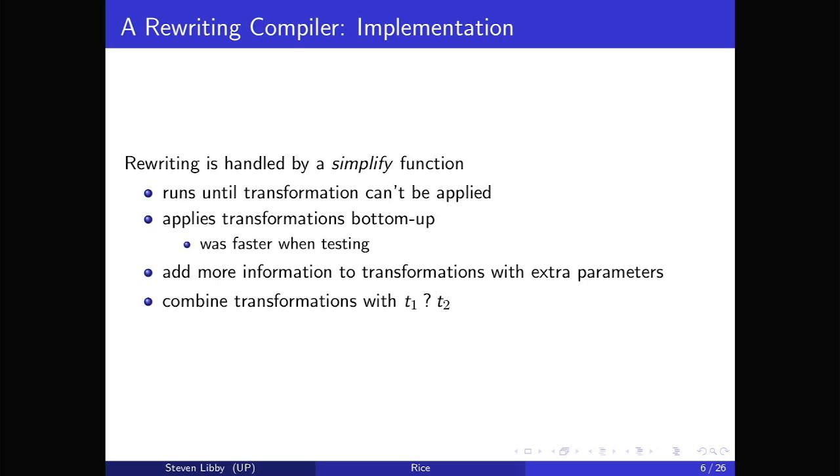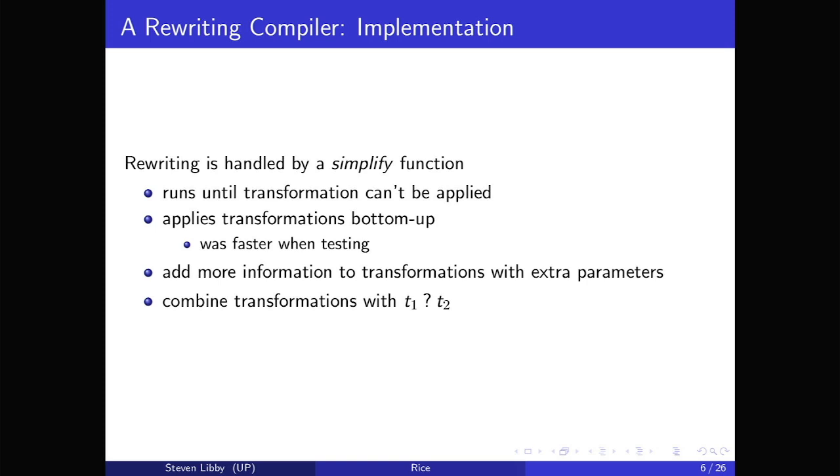And then finally, if I want to combine two transformations, I just combine the two functions. I do either transformation T1 or T2. If T1 applies, I do that. If it doesn't, I try T2 and do that. If neither of them applies, I just move on. This turns out to be really easily composable, which is a really nice property to have in a rewriting engine.